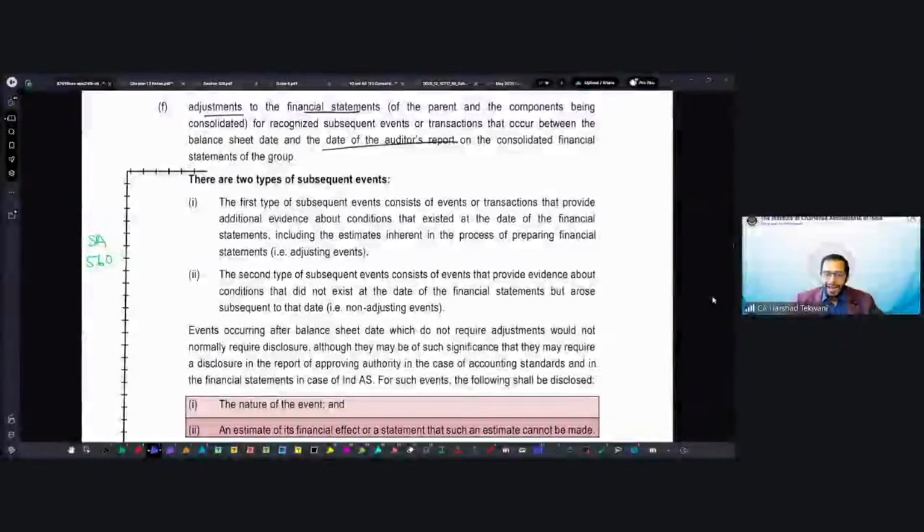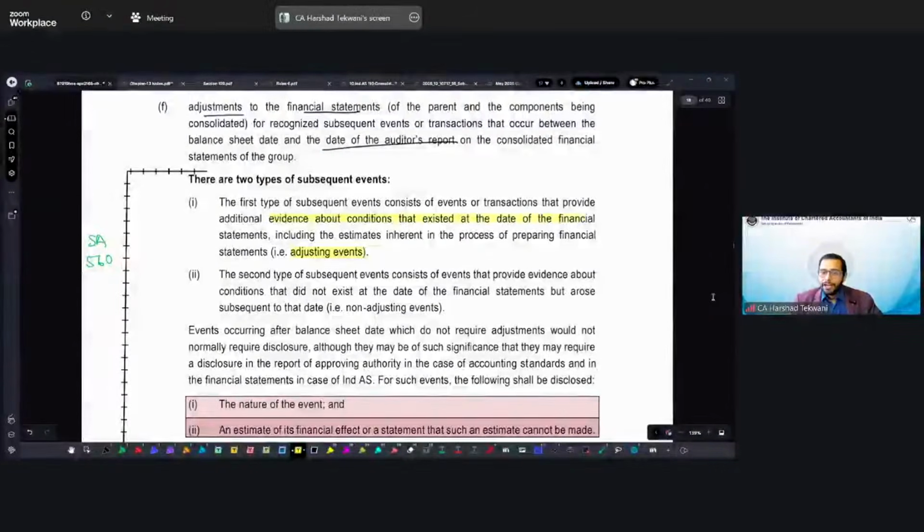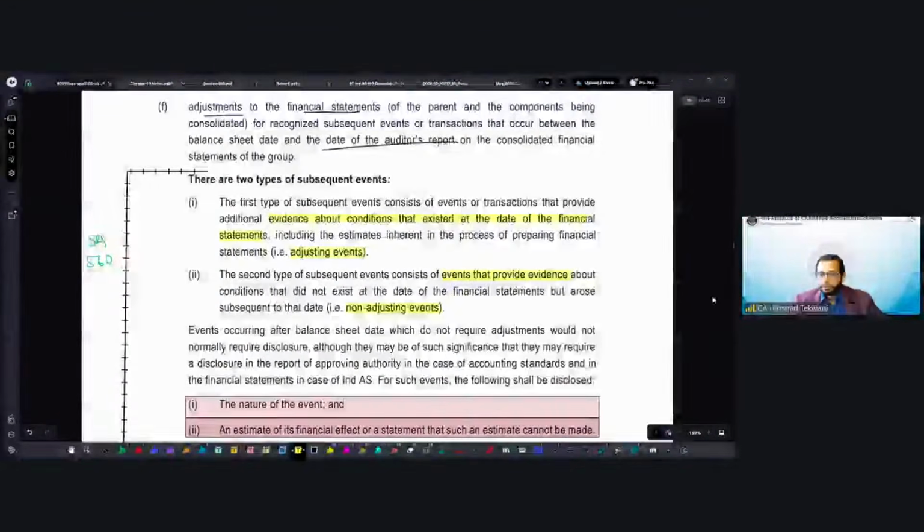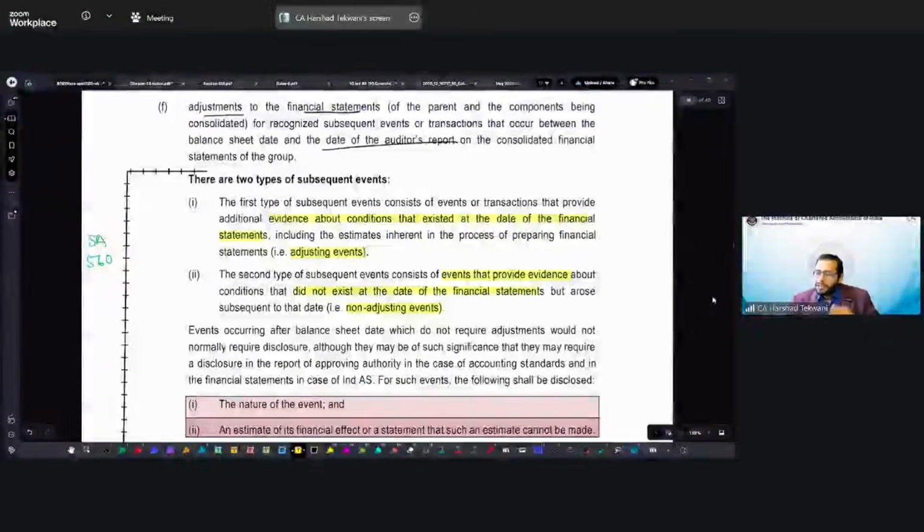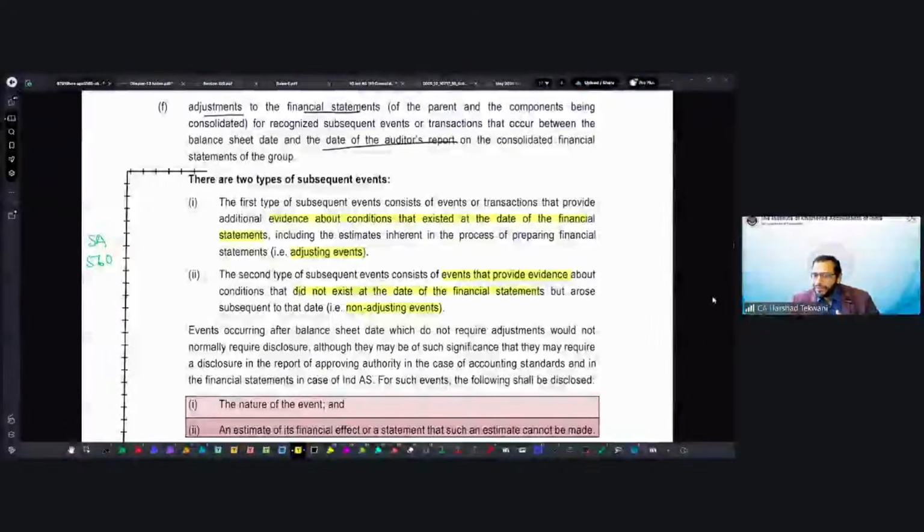One that require adjustments. Now the conditions and evidence about those events were existing at the date of financial statement. Second, they are non-adjusting. That means there were no conditions or evidence of that particular event on the date of financial statement. So if there is no evidence, it is non-adjusting. If there is evidence, that is adjusting.